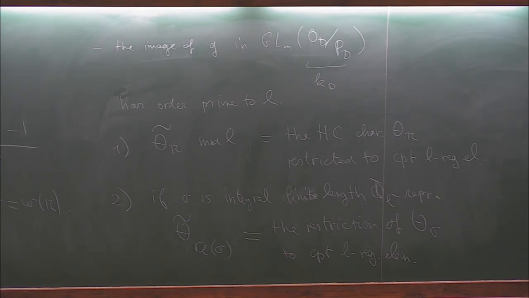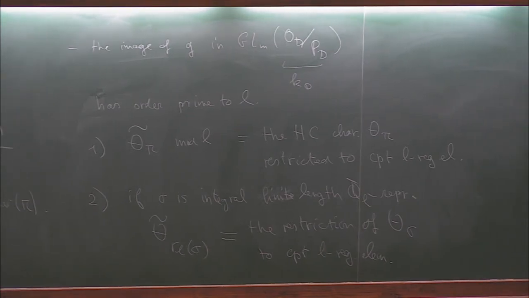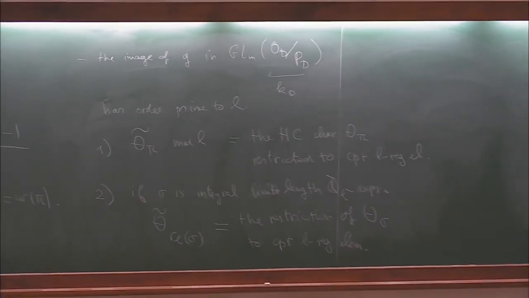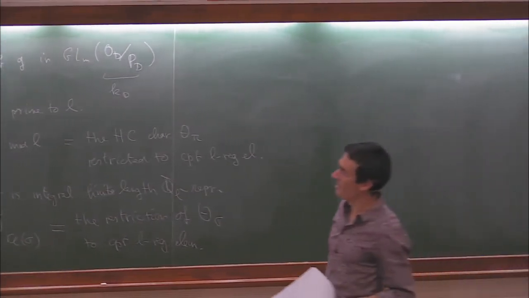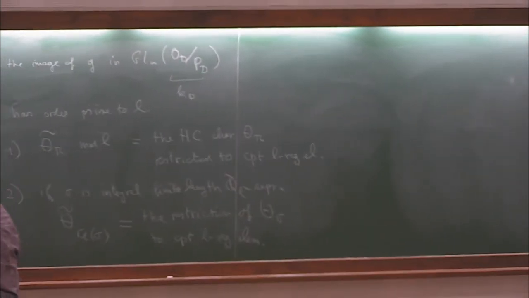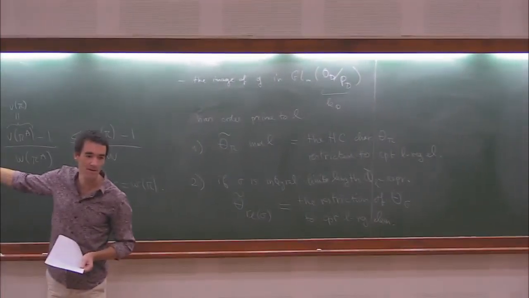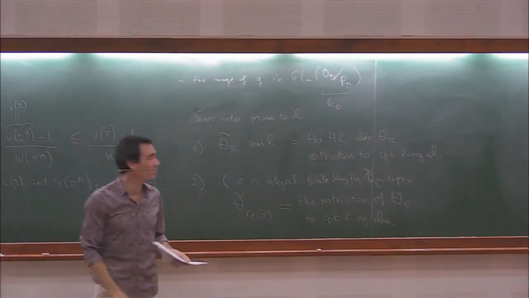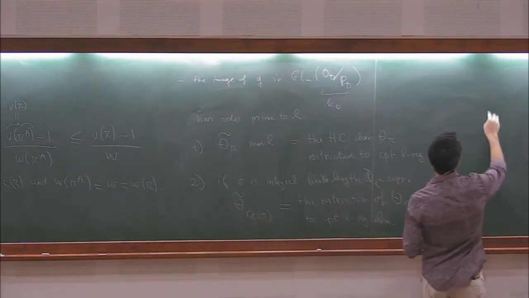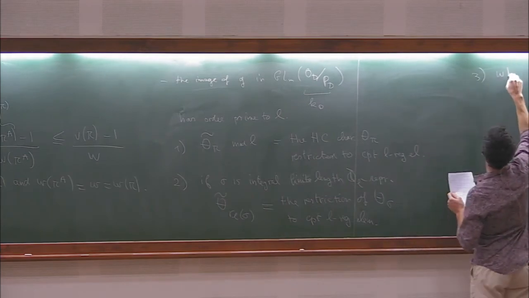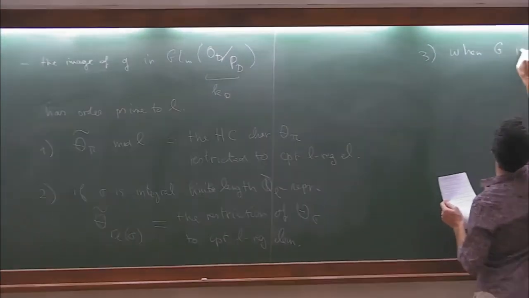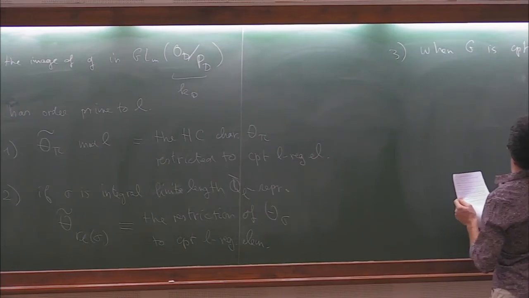And so now, why is it interesting to introduce this inner form A, which is compact mod center? So it is the third property.